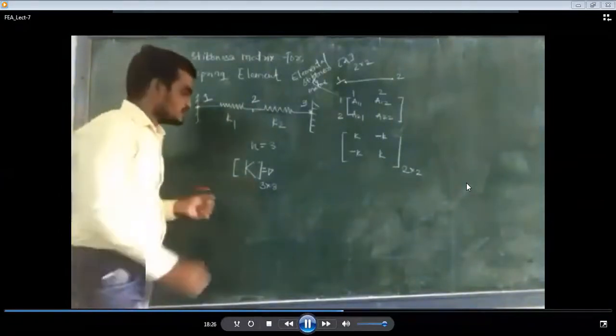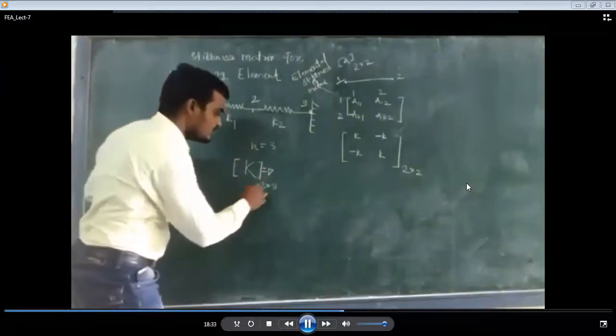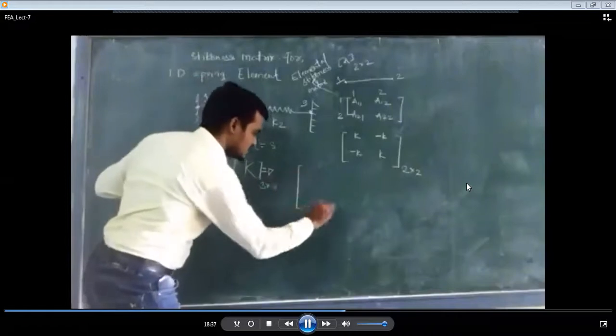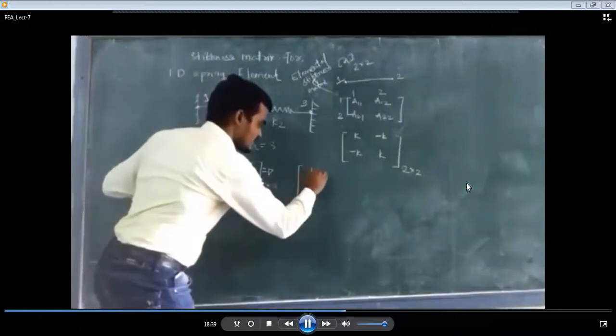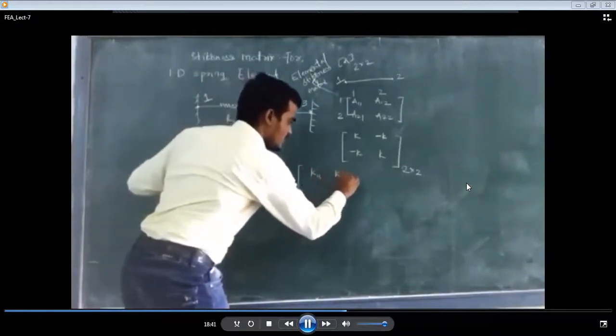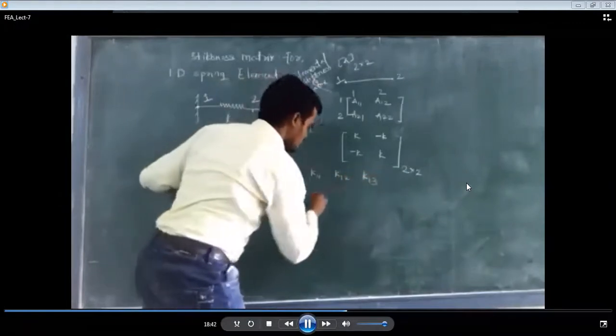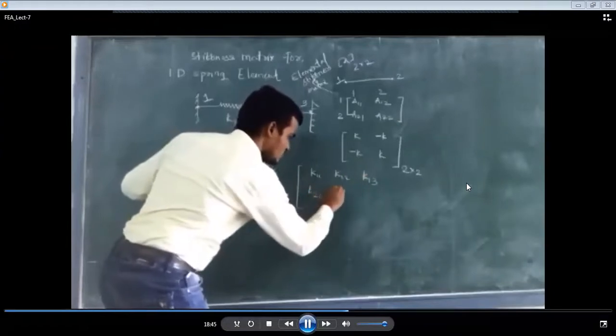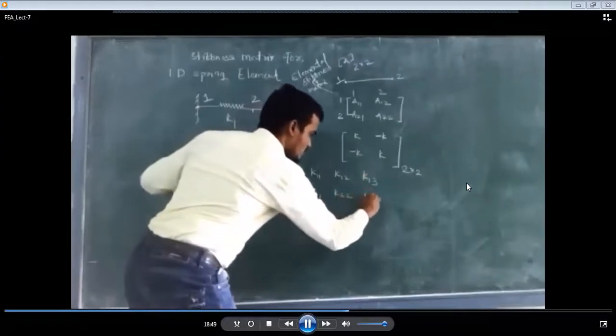In a similar way that we derived the stiffness matrix for a spring element, we will construct the elemental stiffness matrix for the two elements. The first one will become E1, the second one will become E2. And by using these two elemental stiffness matrices, we will construct our global stiffness matrix.